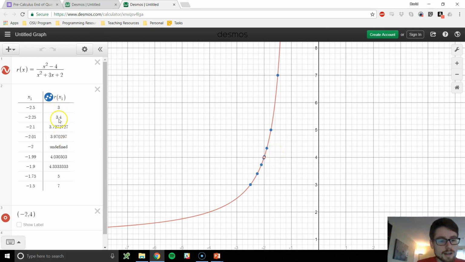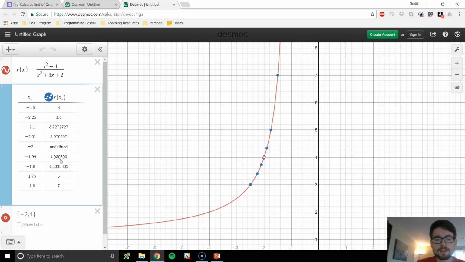And as we look for these values, we have 3, 3.4, 3.7, 3.97. Note it's undefined at negative 2, right? It's not an answer there. But the values, as we come in from the left, are getting closer to what looks like 4, right? 3.97 is close to 4. And as we come in from the right, the values are also getting close to 4.